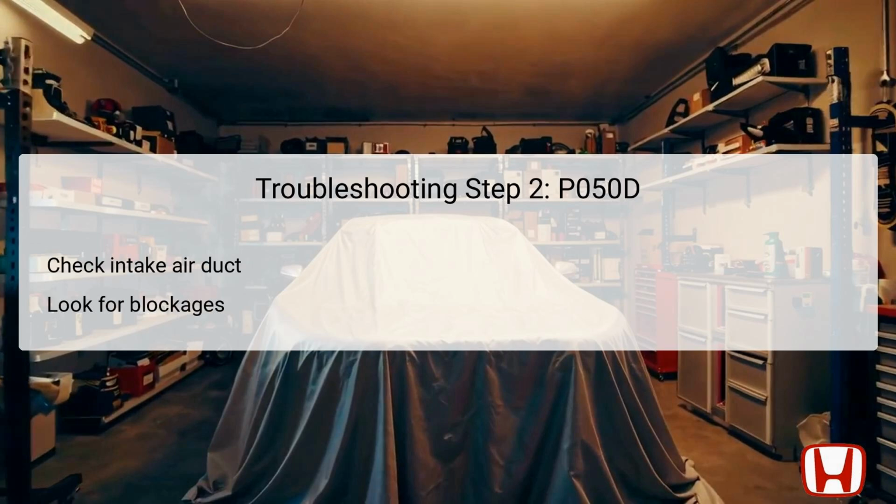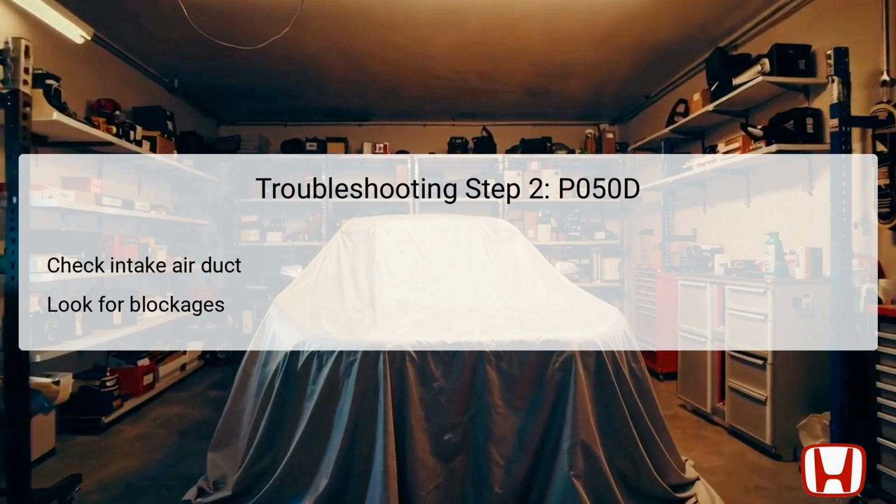The second troubleshooting step involves a visual inspection of the intake air duct. The intake air duct plays a critical role in delivering air to the engine, especially during the starting phase. Inspect for any poor connections, blockages, or damage that might restrict airflow.